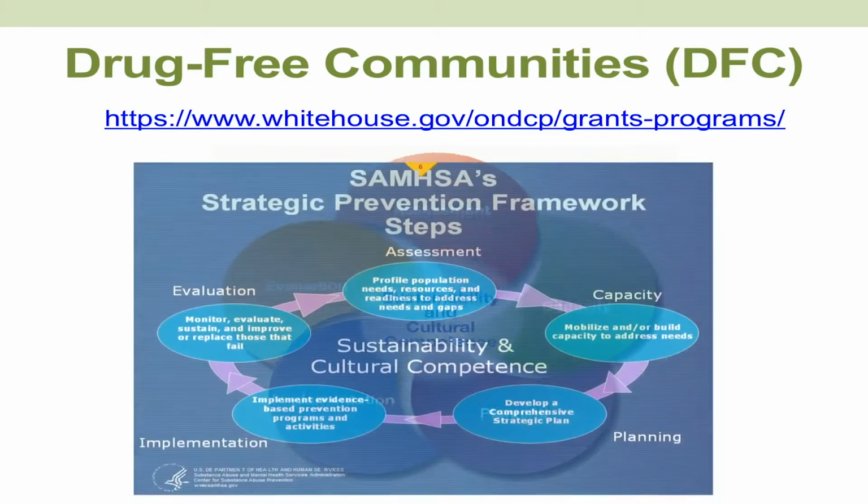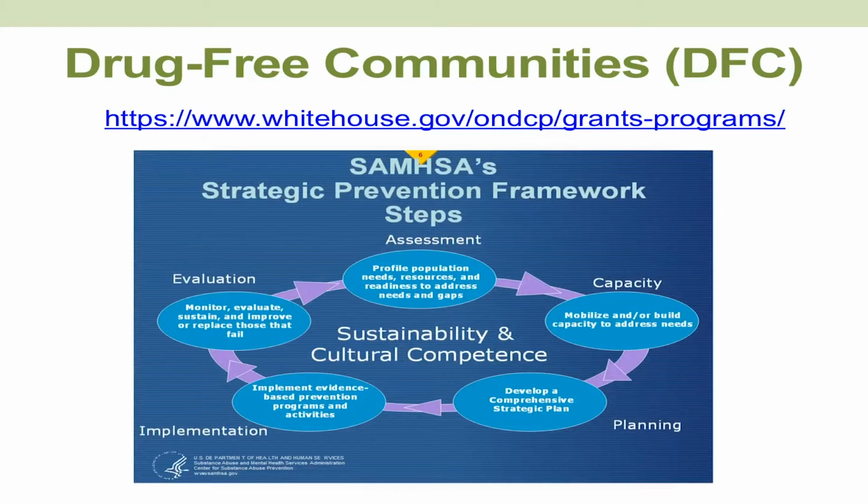A DFC coalition utilizes the Strategic Prevention Framework, or SPF, to guide strategic planning efforts. Your local SCA office also utilizes this model in its county-level planning. The reason for this is both are supported through the Substance Abuse and Mental Health Services Administration at the federal level.